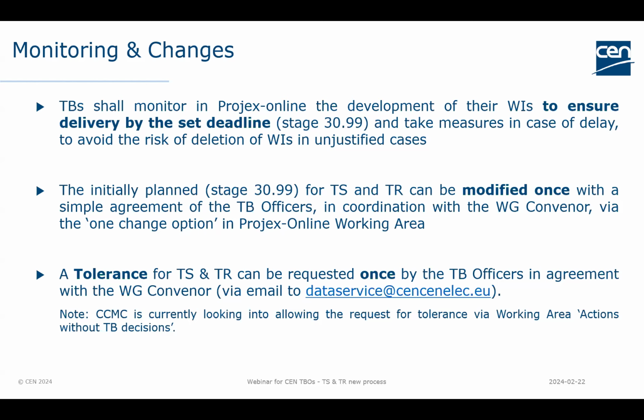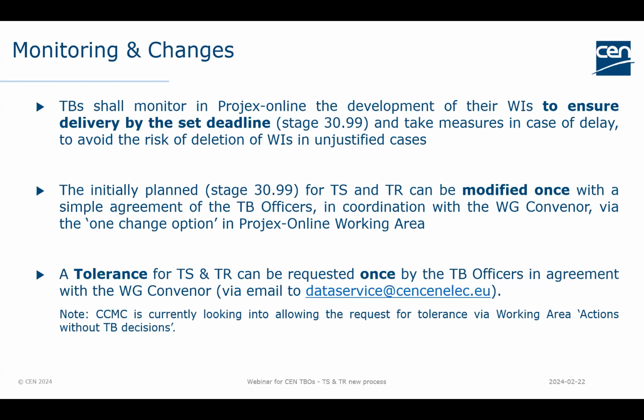And for the moment, this has to be done via email to data service, but we are trying to develop a new section which is similar to the one change option in work area for the future, so that you can also use the work area to request a tolerance without a TB decision.